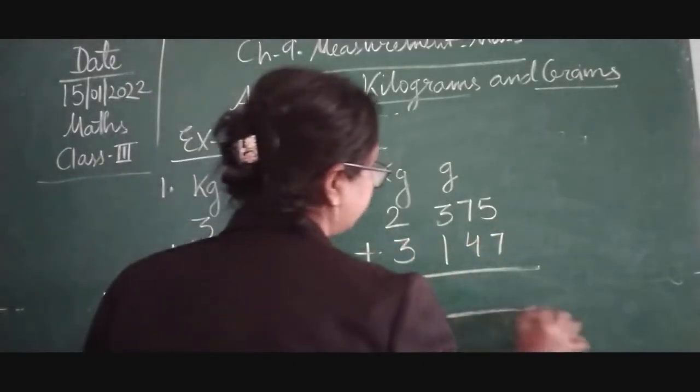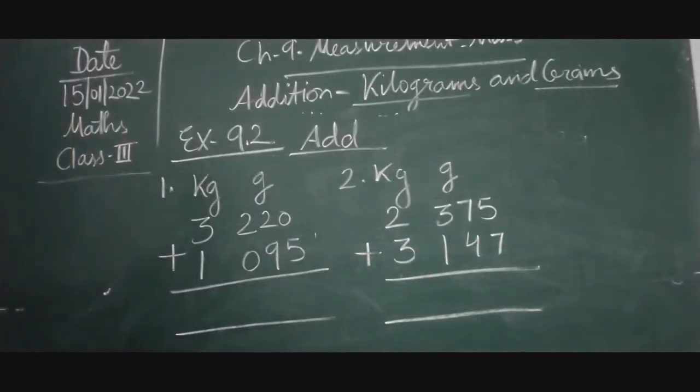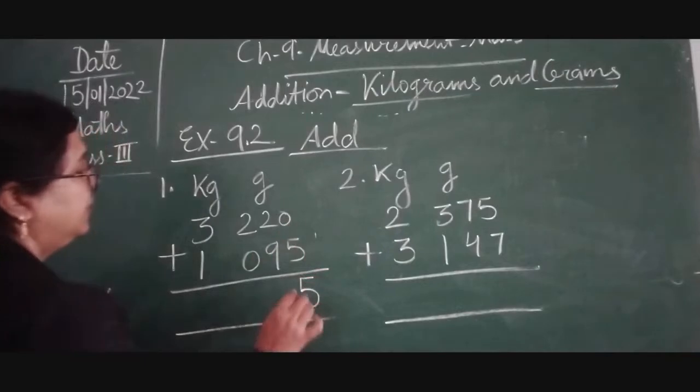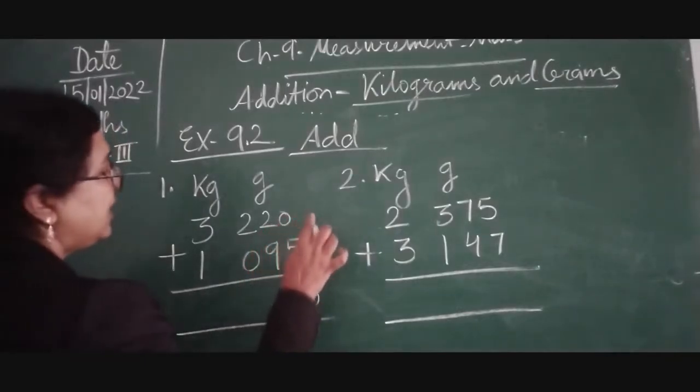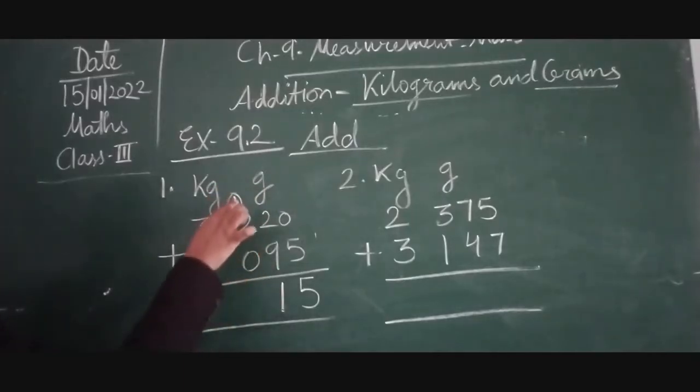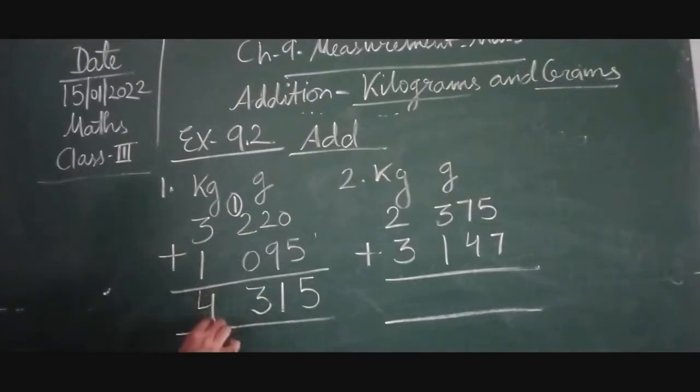So children, just add it. Let's add it. 0 and 5 we will get 5. 9 and 2, 10 and 11 we will get 1 and 1 is there. 2 and 1 is 3. 3 and 1 is 4.